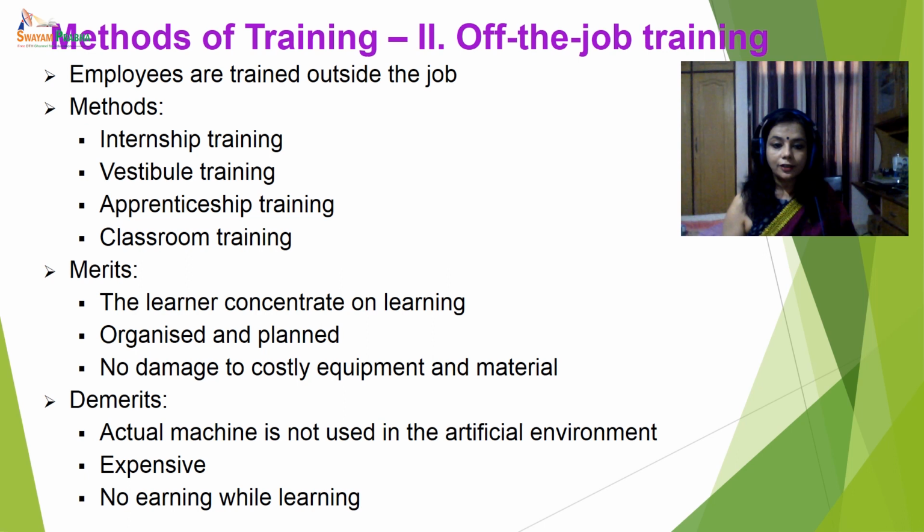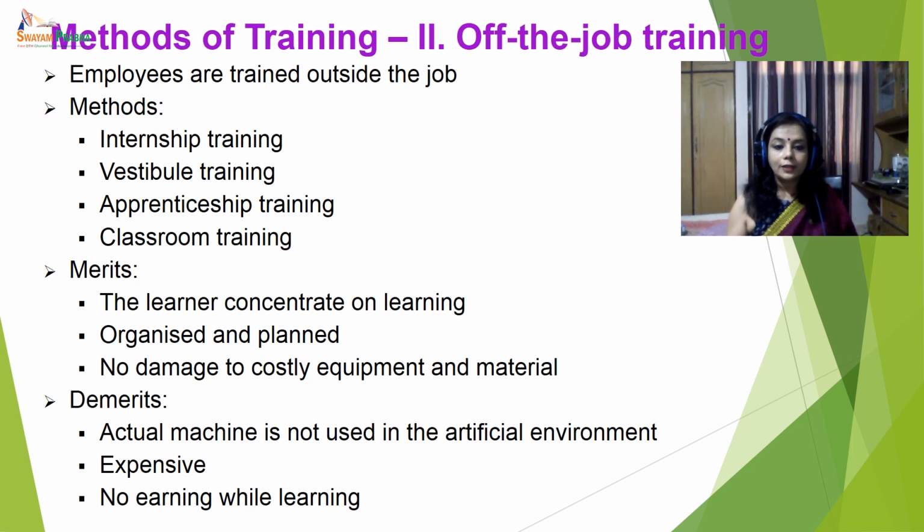The next category of training methods is known as off-the-job training. As the name suggests, off the job means that the employees are trained outside the job. During the training program, he might not be performing the job. He is put in a training program and he is concentrating on learning the job.